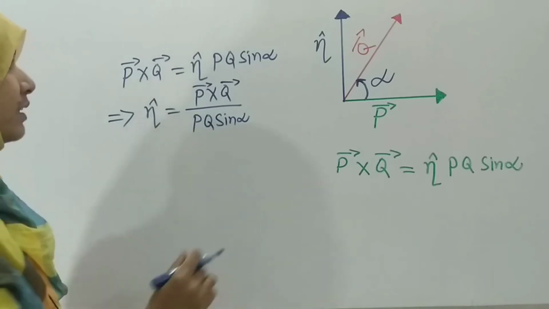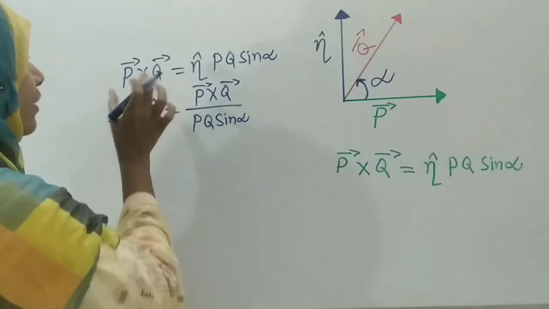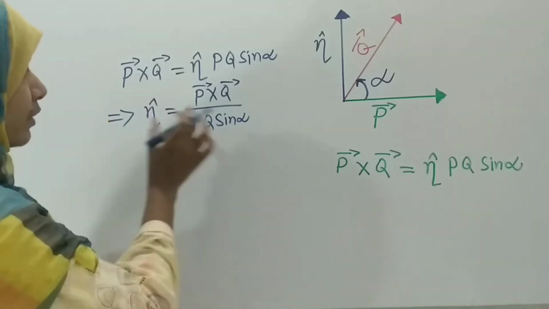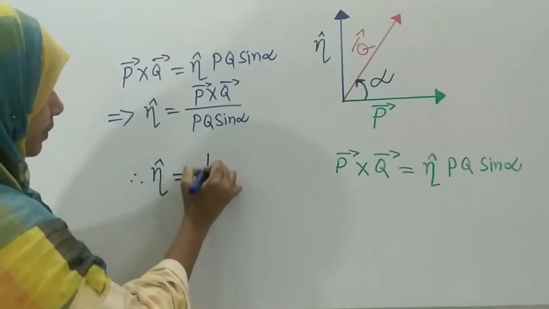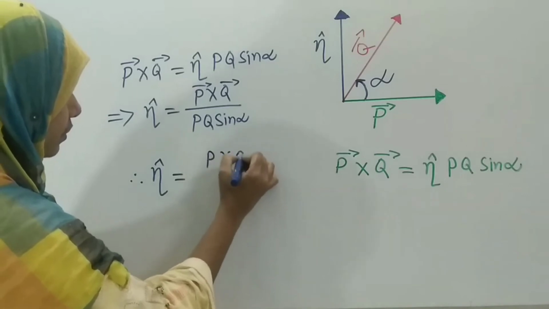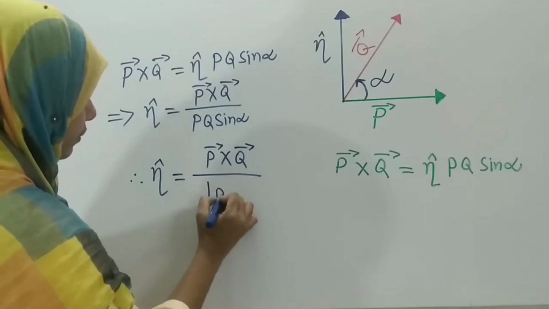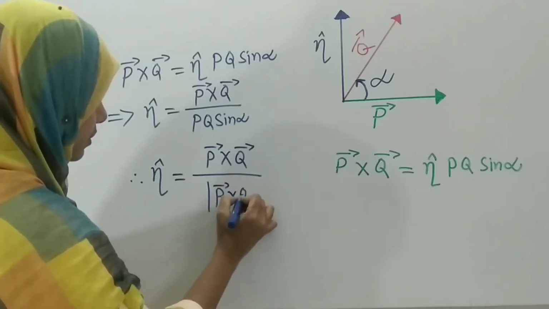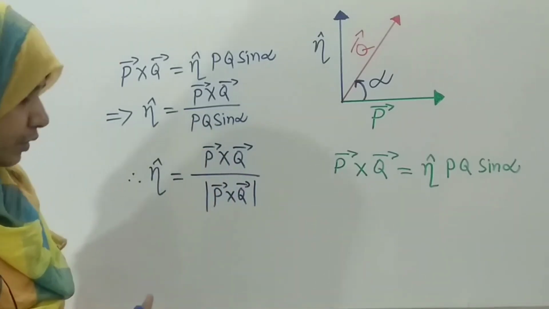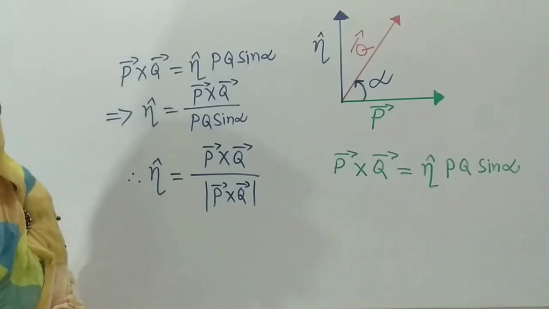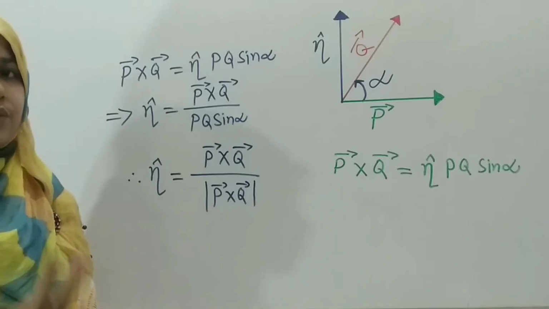And you know that PQ sin alpha is actually the magnitude of P cross Q. So instead of PQ sin alpha we can say that eta is equal to P cross Q divided by modulus of P cross Q, and modulus of P cross Q means PQ sin alpha. So from this equation we can easily identify the perpendicular unit vector of any two vectors.